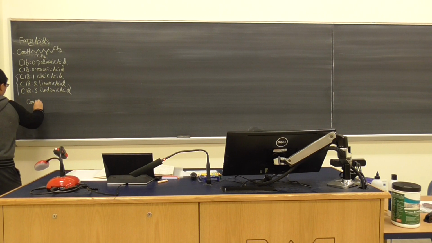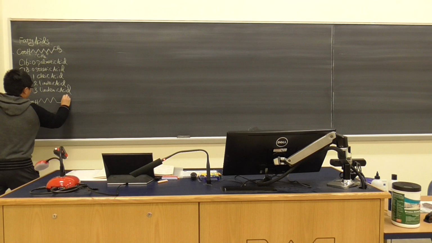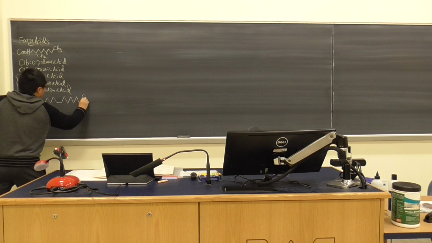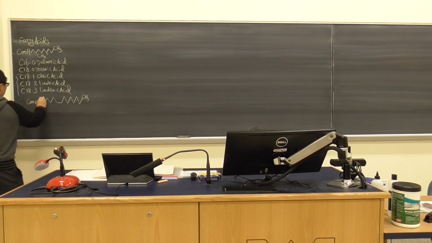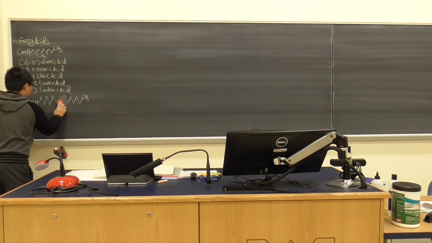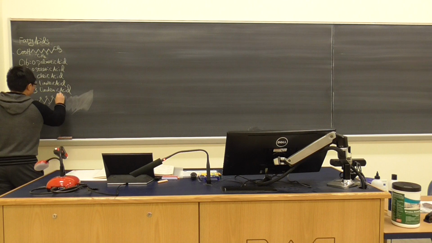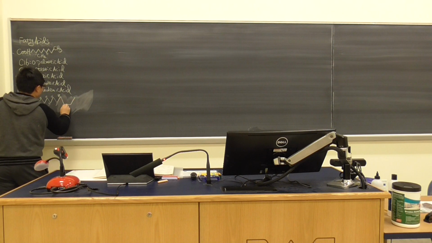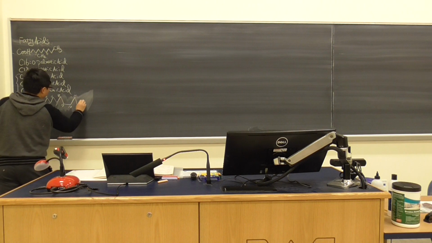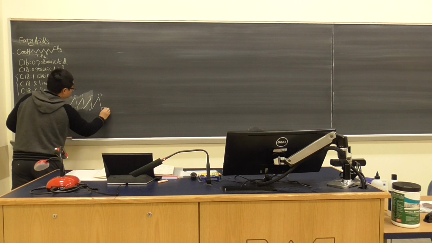Let's start from COOH and count the carbons: 1, 2, 3, 4, 5, 6, 7, 8, and we go down, 9, 10, 11, 12, 13, 14, 15, 16, 17, and here, 18.